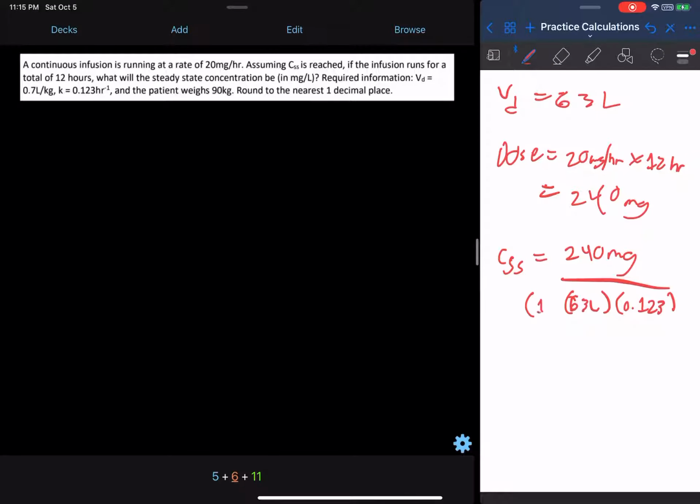Just put the time over here, 12 hours. Okay, so we got 240. I'm just gonna solve this on my calculator now, guys. That comes out to about 2.6 milligrams per liter.